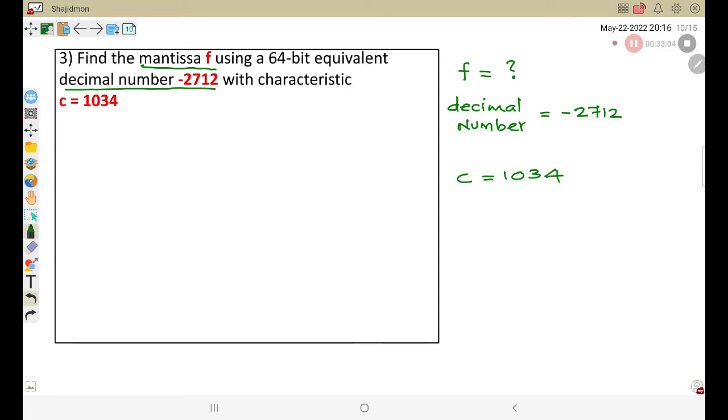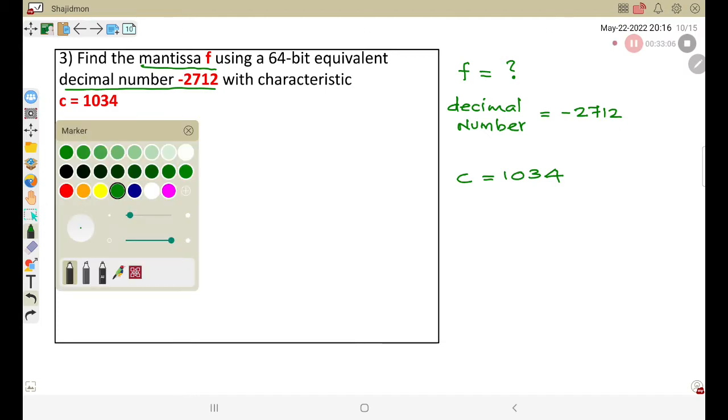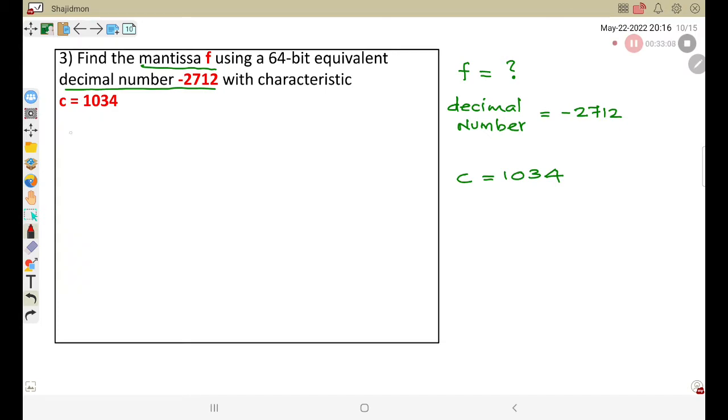We need to find the fractional part f here. This question also we start with our rule. Decimal number equals (minus 1) power s multiplied by 2 power (c minus 1023) multiplied by (1 plus f). Just starting from the rule, now apply the numbers given in the question.